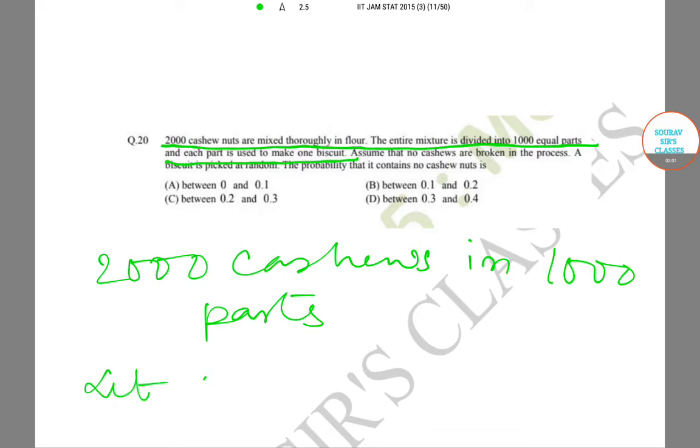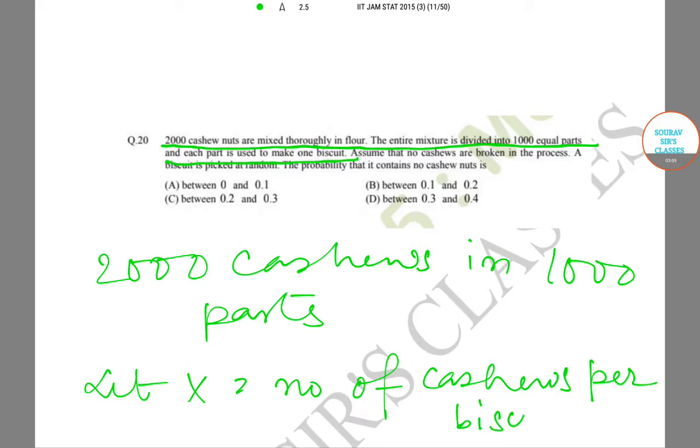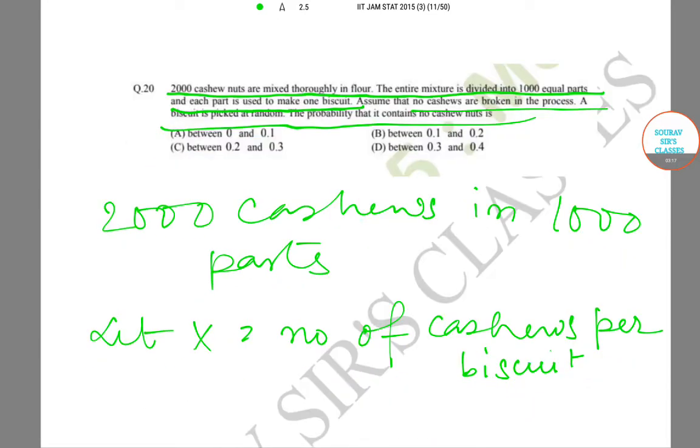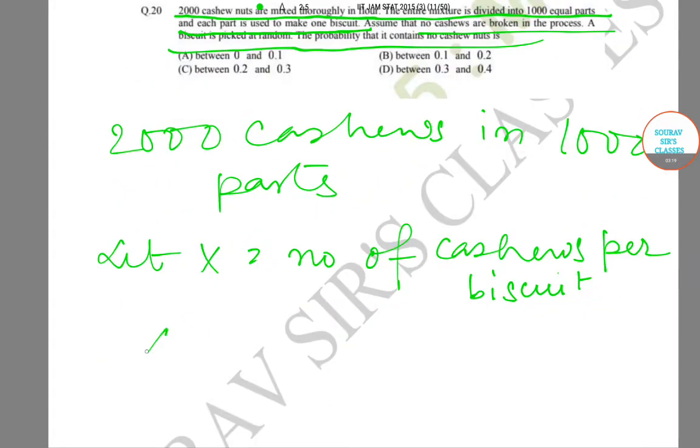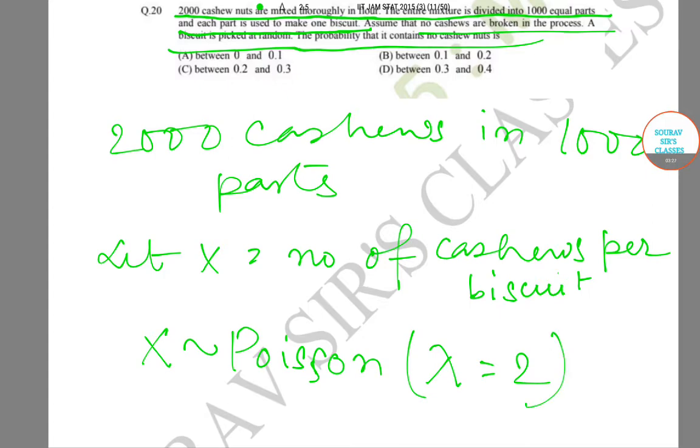Let X be the number of cashews per biscuit. We are asked to calculate, if a biscuit is picked at random, the probability that it contains no cashew nuts. So X follows Poisson distribution with mean 2.